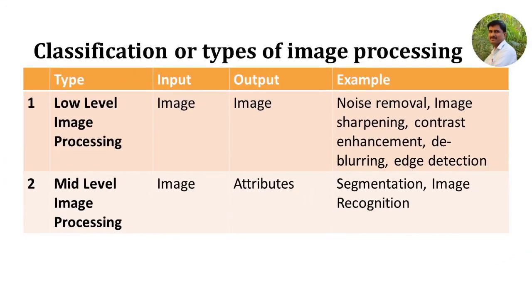A mid-level image processing is characterized by the fact that its inputs are generally images but the outputs are attributes extracted from those images. Examples for attributes are edges, contours, that is closed edges, and other identities of individual objects. Many authors classified segmentation and image recognition into this category.